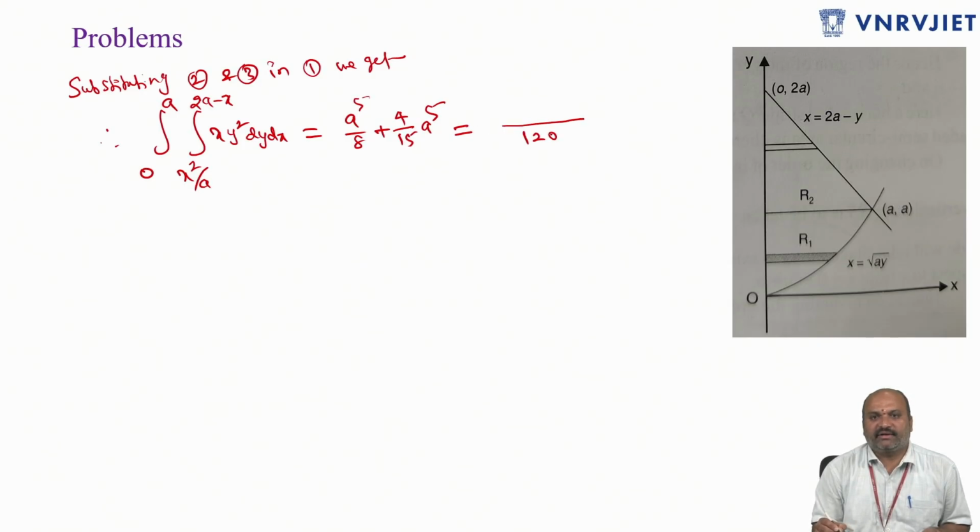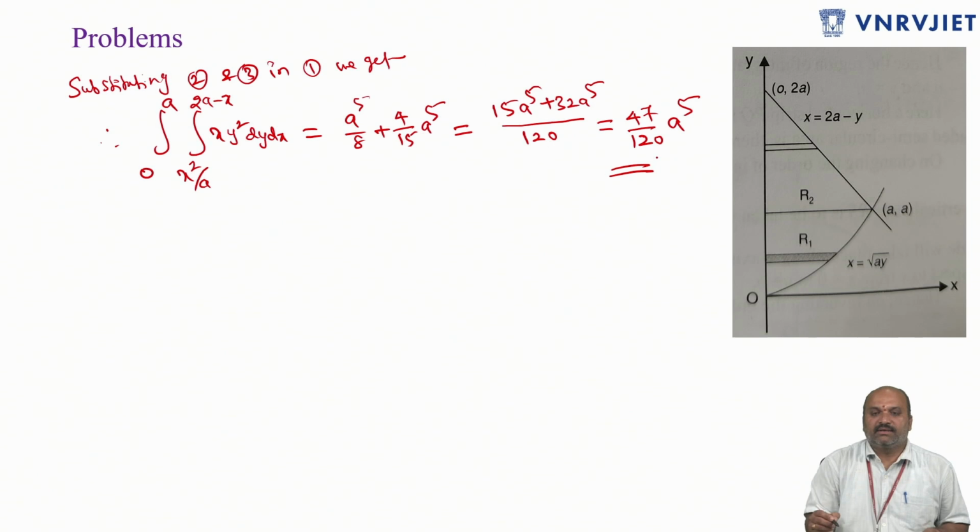Let's take it as 120. It is 15 a power 5 plus 32 a power 5. That is 47 divided by 120 a to the power of 5. So like this we change the order of integration and we evaluate the integral.